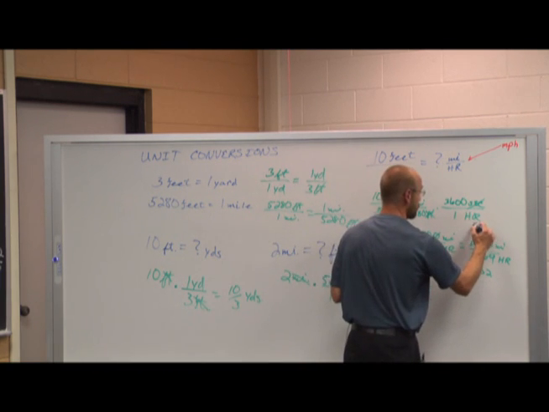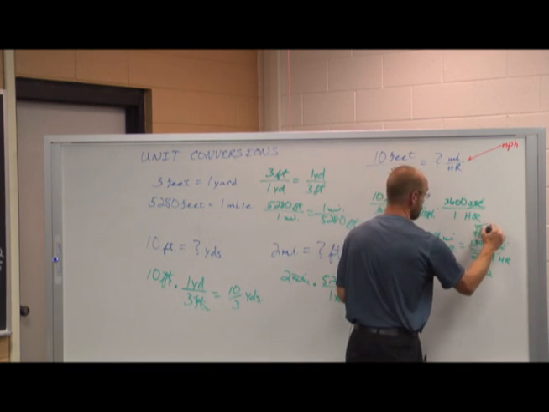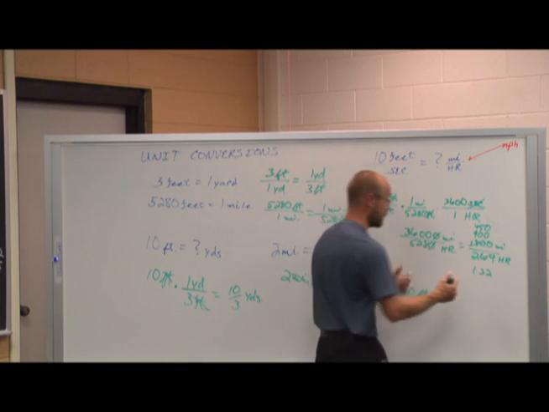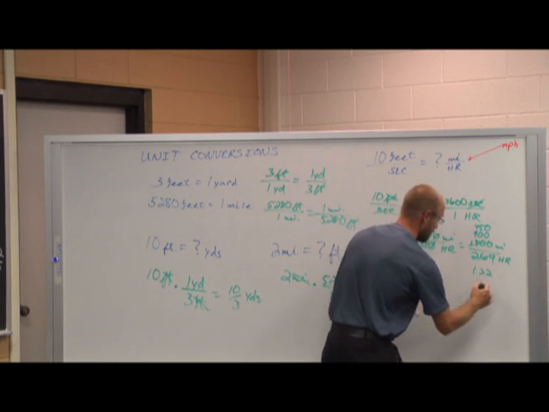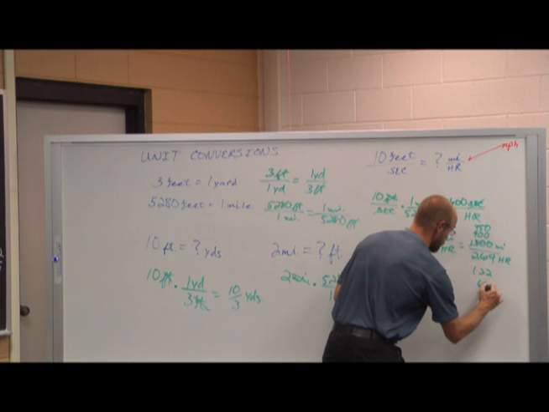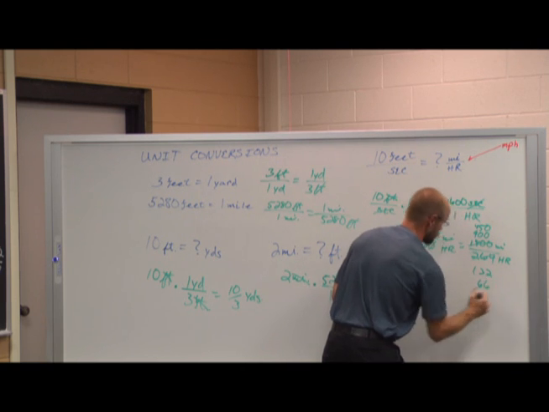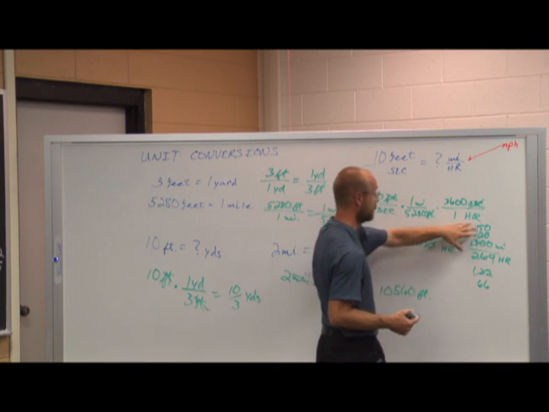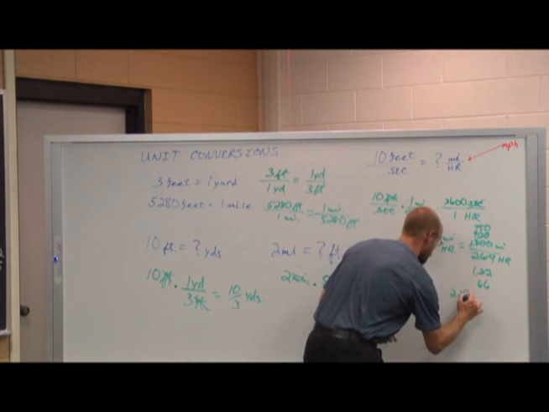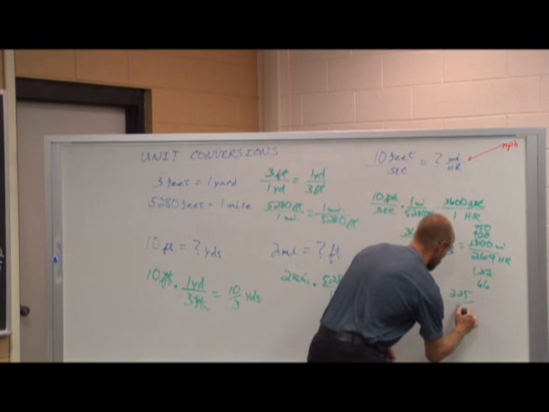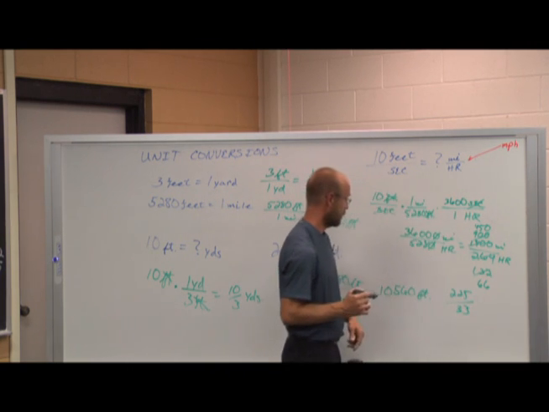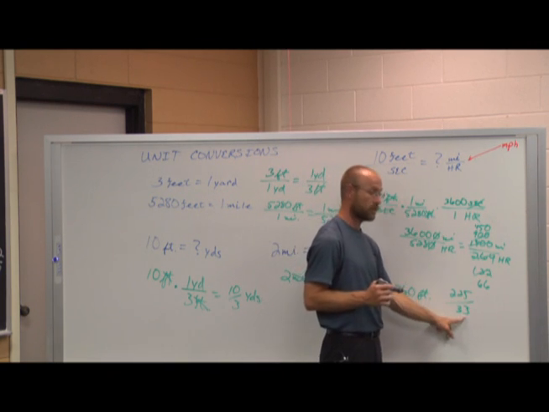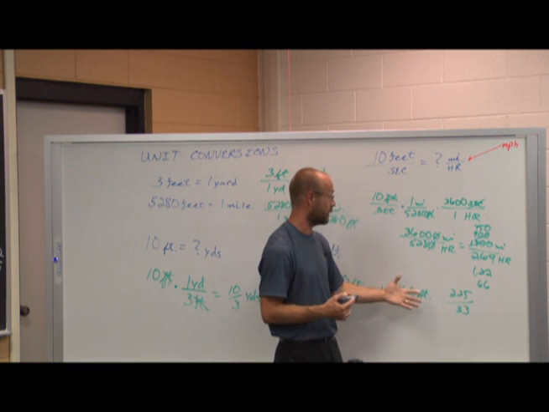Again, it's still divisible by 2. Now, I know this is long-winded and whatnot, but hopefully we get the gist of it. And this would be 66. So we keep continuing. We're reducing, reducing, reducing. 450 is still divisible, and we get 33. Well, I've run out of 2's. This is no longer an even number. What can I do?